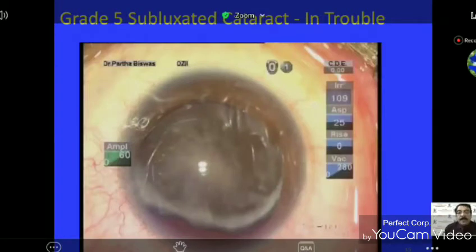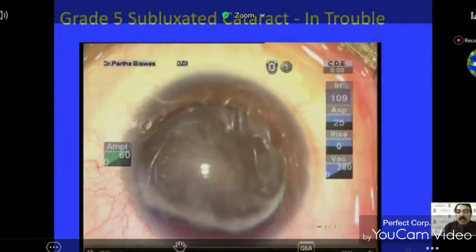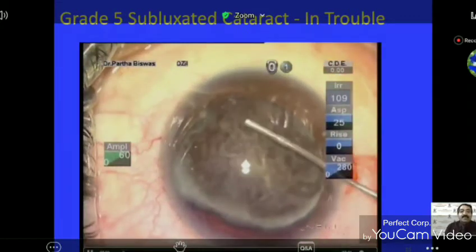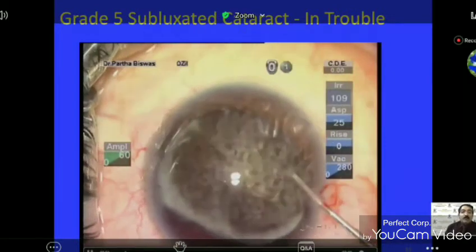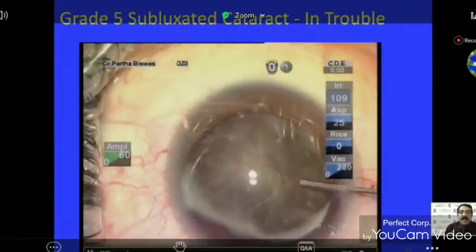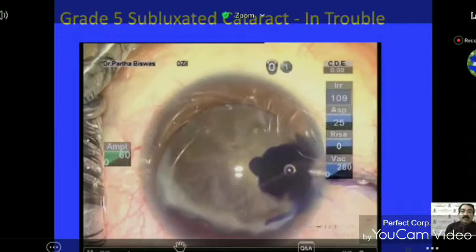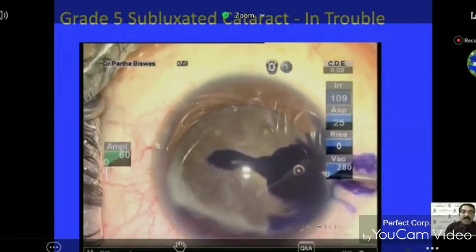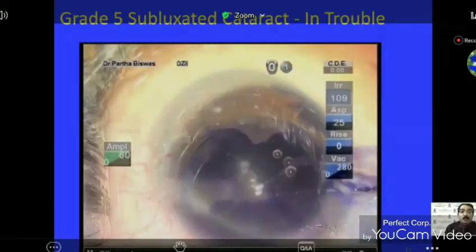So let's go into this subluxated cataract, and it's a grade 5 nucleus, and I'm going to have trouble here as well. So let's look at this cataract. As you can see, it's a grade 5 cataract, half popping into the anterior chamber, and I have to place a hypothetical viscoelastic in the anterior chamber before the trypan blue staining.